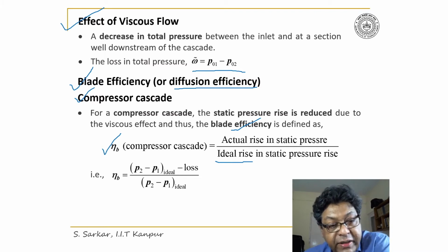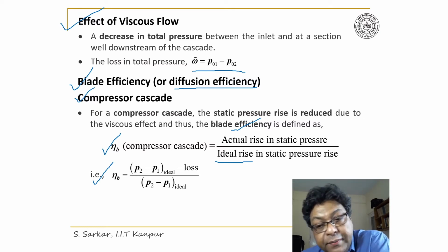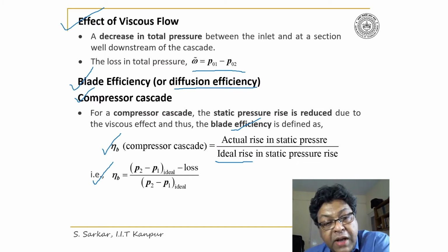Thus, I can write eta B is equal to P2 minus P1 ideal minus loss, divided by P2 minus P1 ideal, where P2 is the exit static pressure and P1 is the inlet static pressure to the cascade.